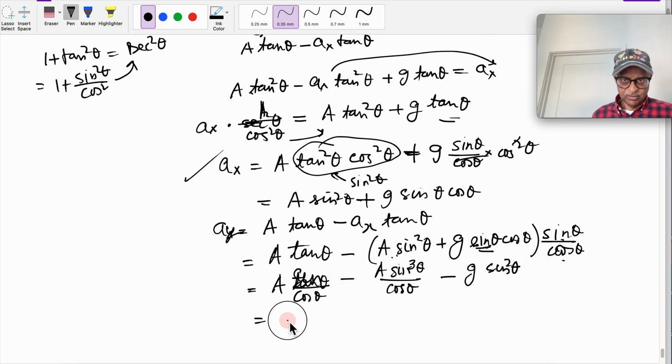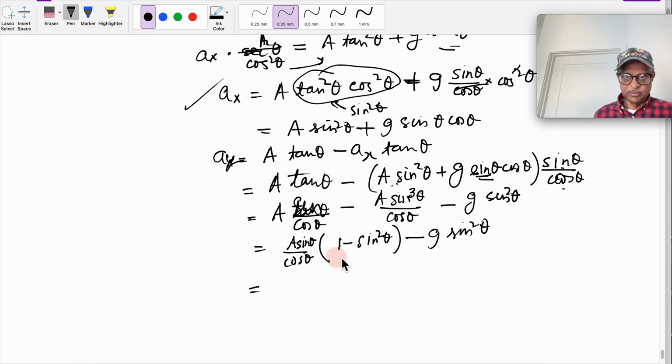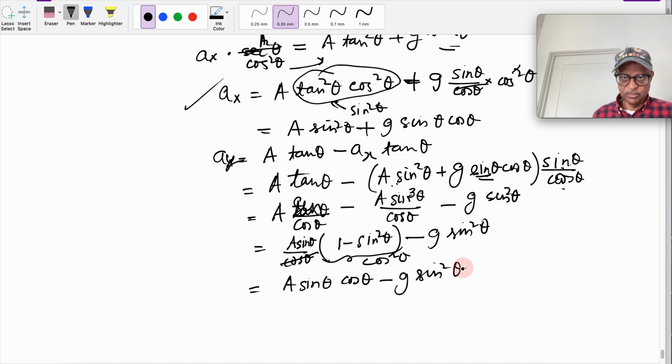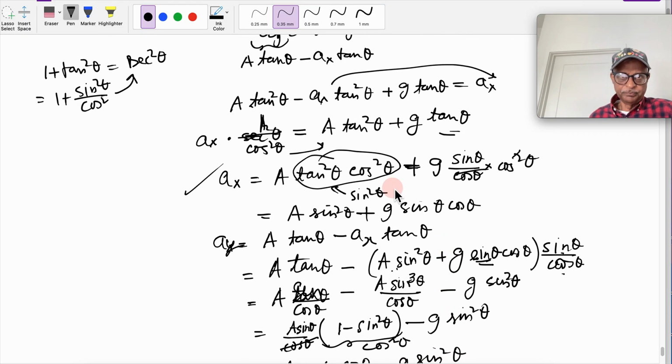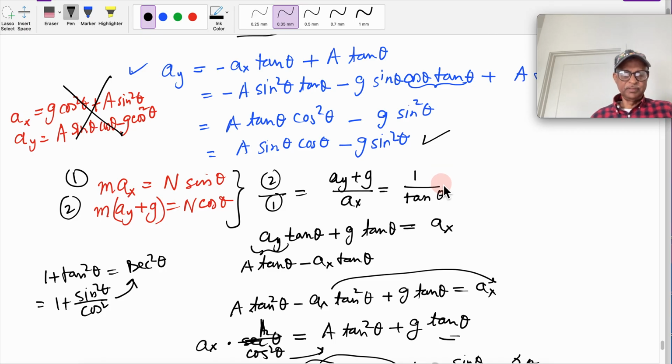So these guys, A over cosine theta common, take a sine theta, 1 minus sine square theta, so this will become a cosine square theta, and this guy will kill this guy, and so it's going to be A sine theta cosine theta minus G sine squared theta. So I've got this also correct.